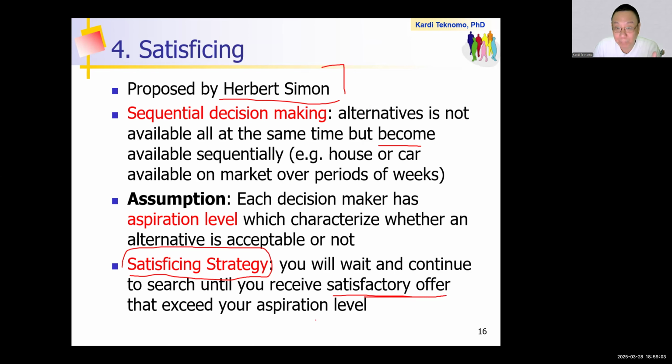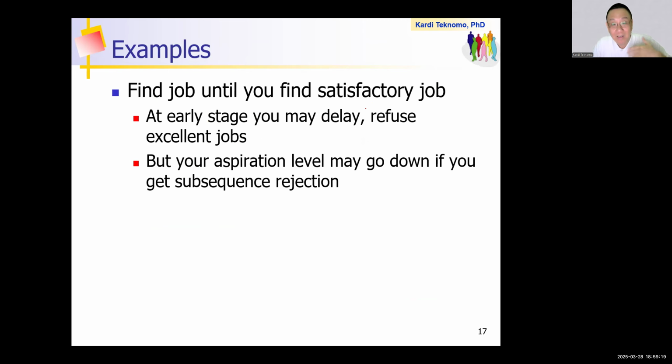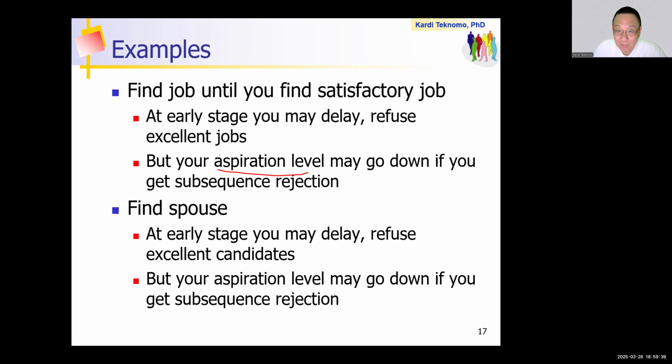For example, you want to find a job. You just newly graduated, and you don't want to take a job yet because all these jobs are below your aspiration level. So you delay, you refuse excellent jobs, but over time, because you keep getting rejections on your applications, your aspiration level goes down. Eventually you will accept a lower quality job than previously.